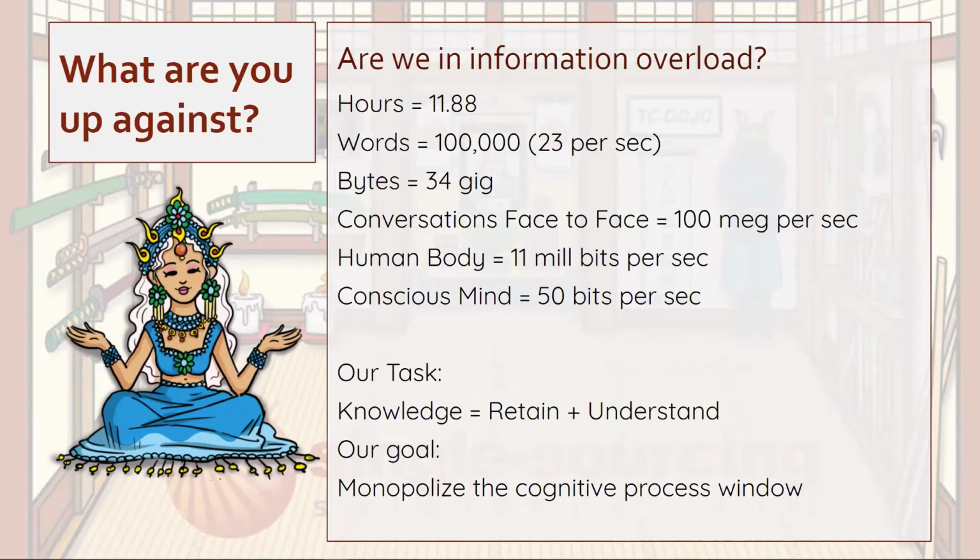So that's consuming content. Now, on average, the person is greeted with about 100,000 words per day. That's 23 words per second. And I think the fastest reader and the smartest people can really only read about 5 words per second.